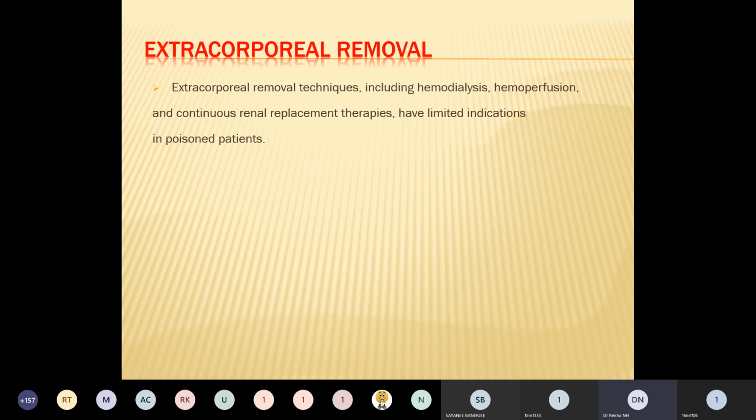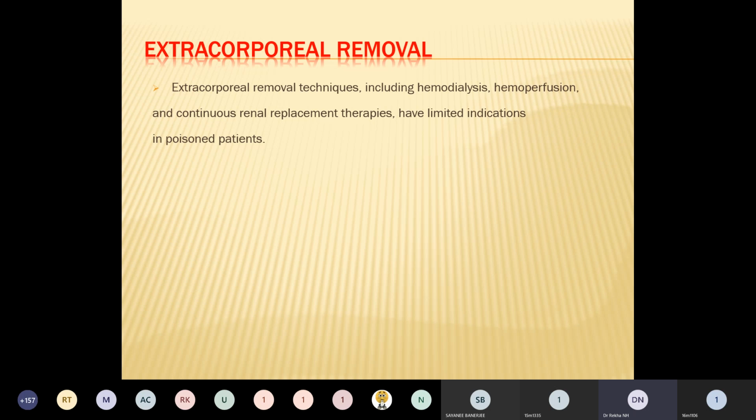The rare modality of treatment in patients with poisoning is extracorporeal removal. That is, extracorporeal removal techniques, which can be hemodialysis, hemoperfusion, or continuous renal replacement therapy, but they have limited indications. Not all patients who come to hospital with poisoning should be subjected to extracorporeal removal.